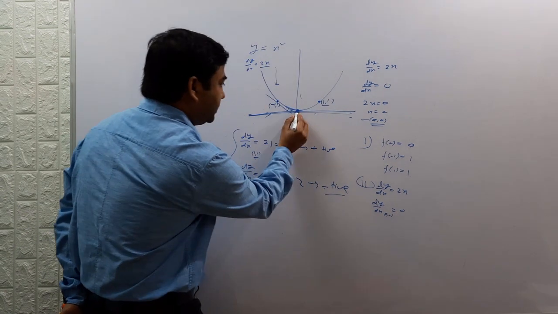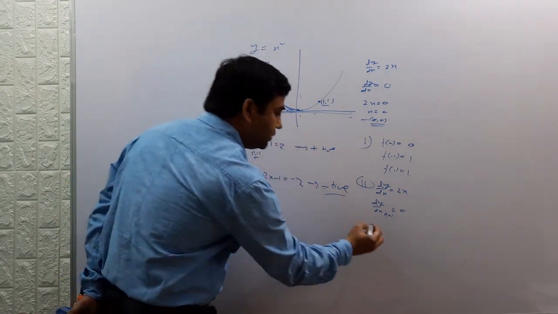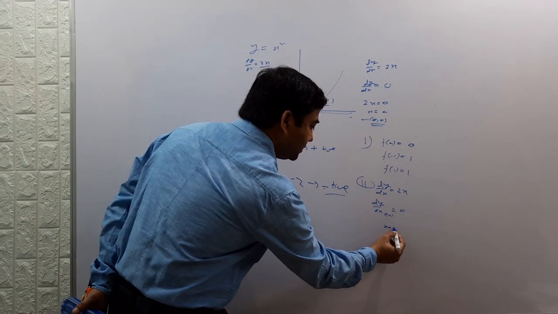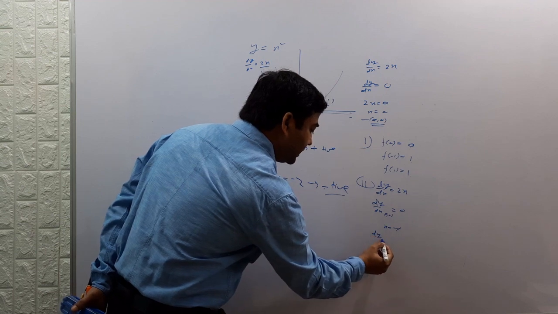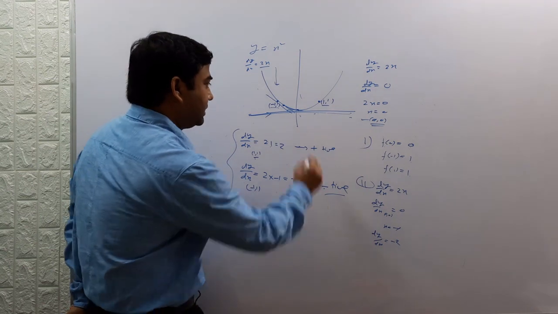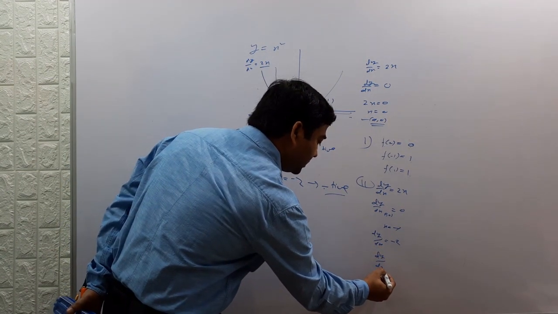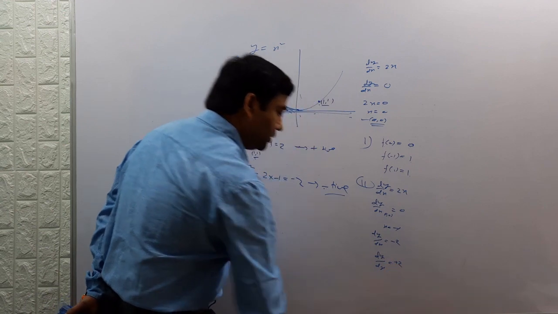Slightly below the turning point, at x equal to -1, dy over dx is equal to -2. Slightly right, dy over dx is equal to plus 2.